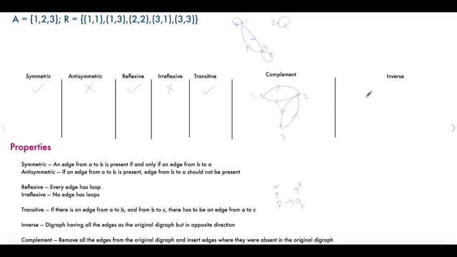The inverse is where we draw the same graph with the same edges, but flip the direction. So this one becomes this, this becomes this, and this becomes this. So again 1, 2, 3. Now it is easy to see that the inverse is equal to itself here.